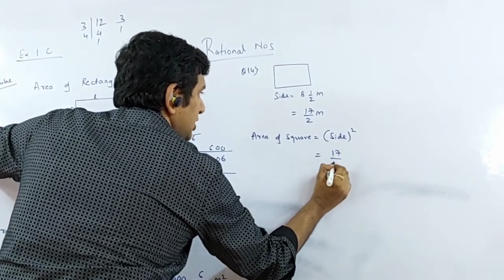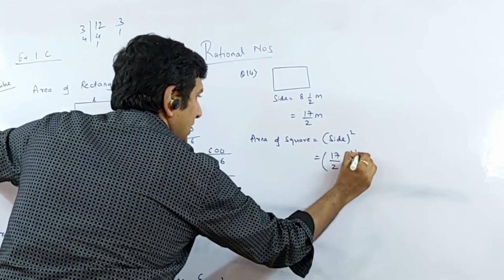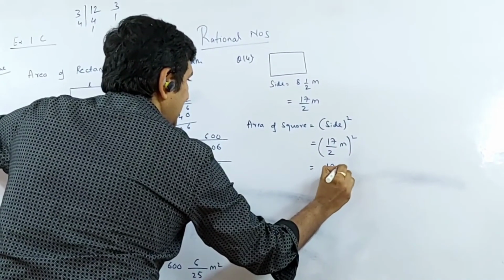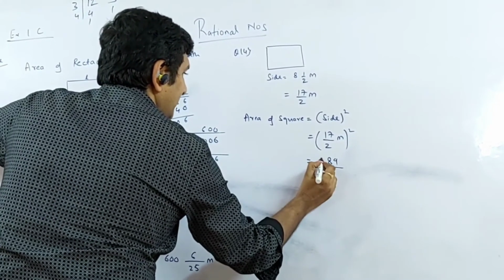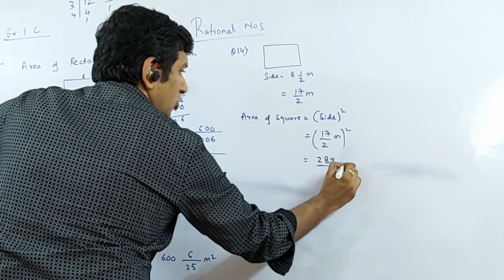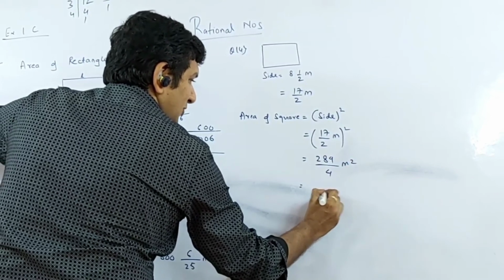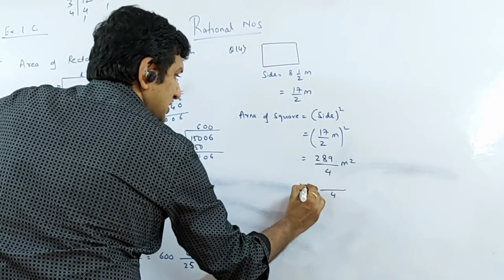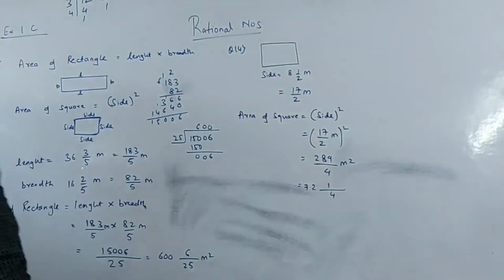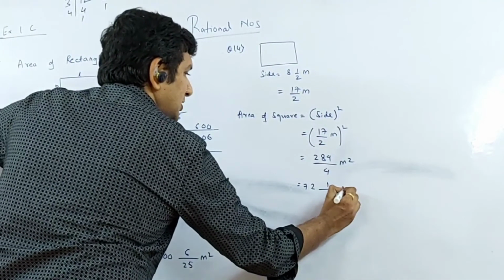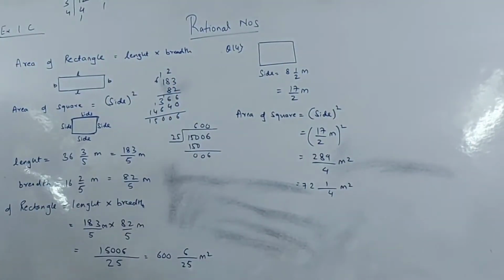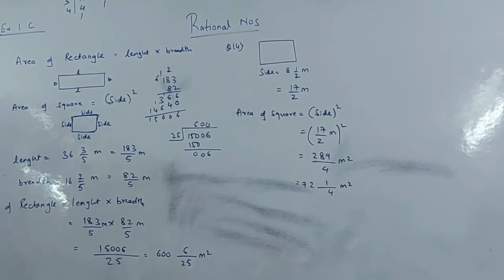That is 17 upon 2 meter whole squared, and 17 squared is 289, and 2 squared is 4 meter square. In case I want to convert this into a mixed fraction, 4 seventeens are 68, 4 twos are 8, and 1. So 72 and 1 upon 4 meter square is the answer.